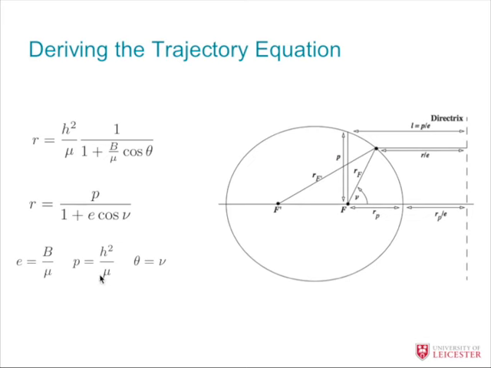So I can write that p is equal to h squared over mu. I can see that b over mu here is in place of e. So e is equal to b over mu. And I see that the angle between r and b, which I gave the label theta in the derivation, is in fact found to be the true anomaly nu. So theta is equal to nu.